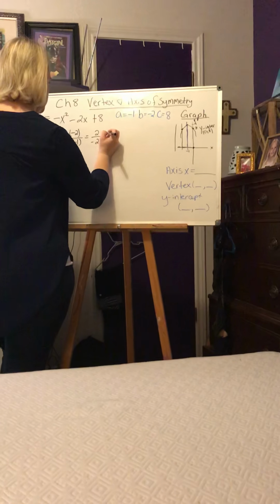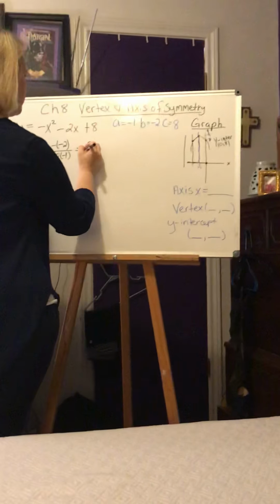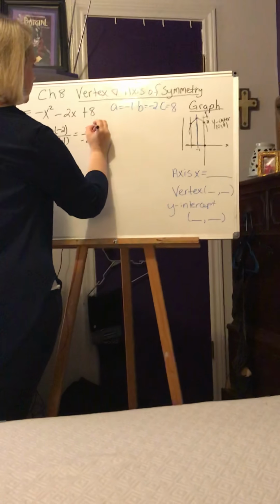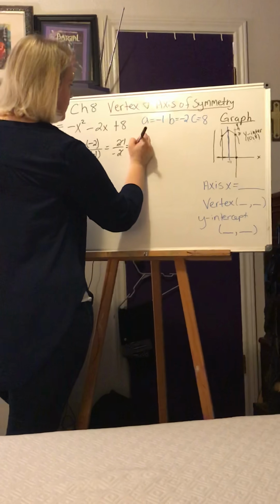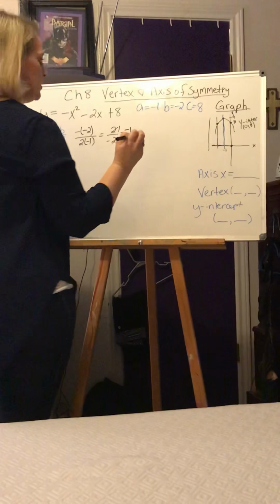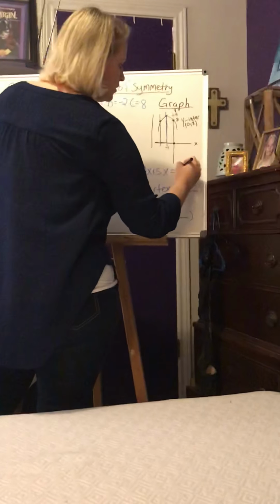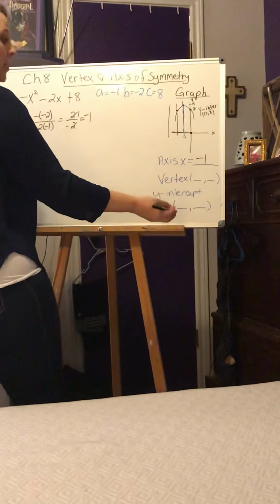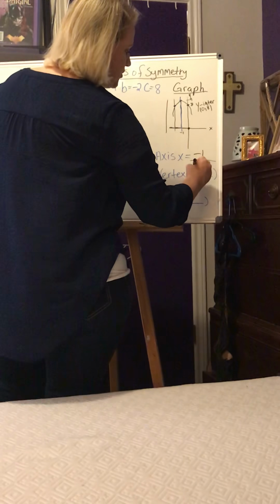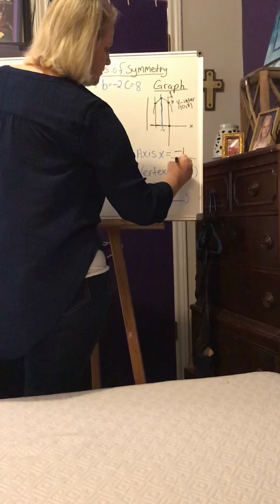And this will equal 1, but it will be a negative 1. So our axis is x equals negative 1. Our axis is also the x coordinate of the vertex, which is negative 1.